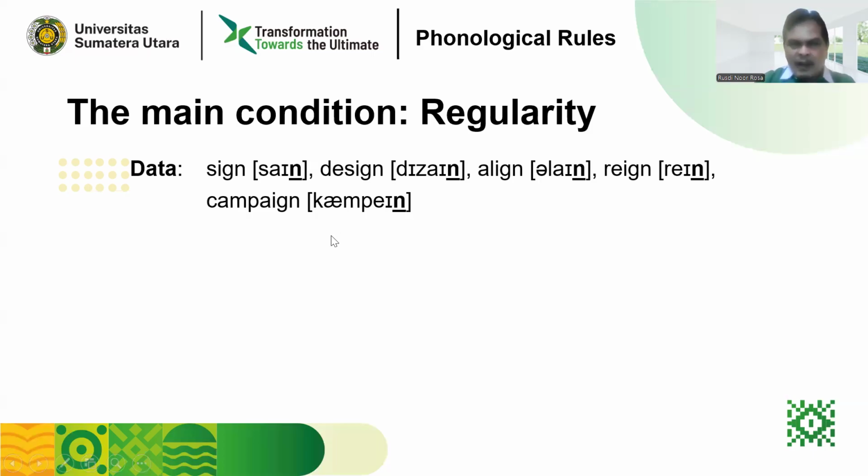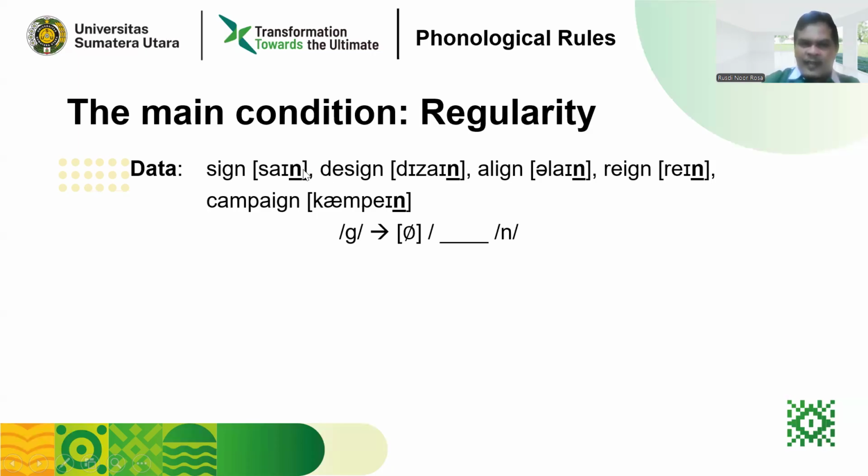So based on this regularity, we can formulate a phonological rule. The phonological rule is related to deletion or removal of sound. So we can say that G changes to nothing. So this indicates deletion. So G is deleted, or G changes to nothing, whenever G is placed before the N sound.